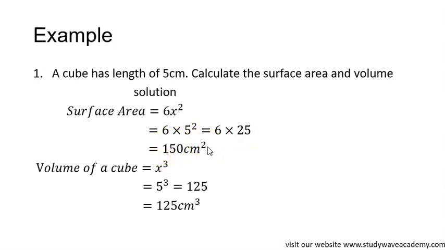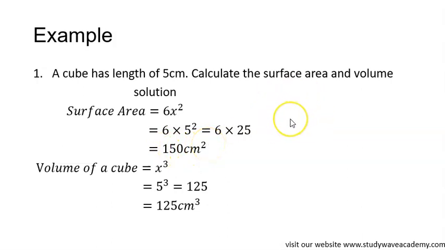Remember what we said about square units, right? When calculating the surface area, your centimeter is raised to the power 2, which is centimeter square. So the surface area of a cube whose length is 5 centimeters is 150 centimeters square.